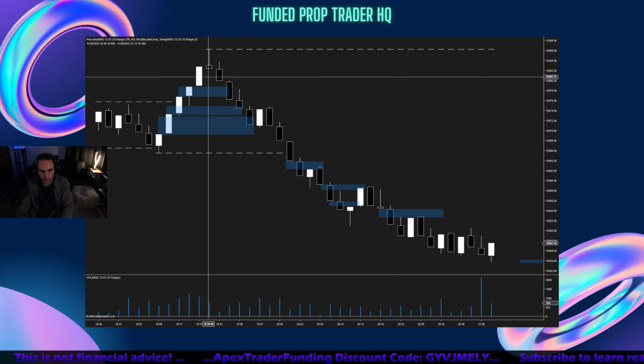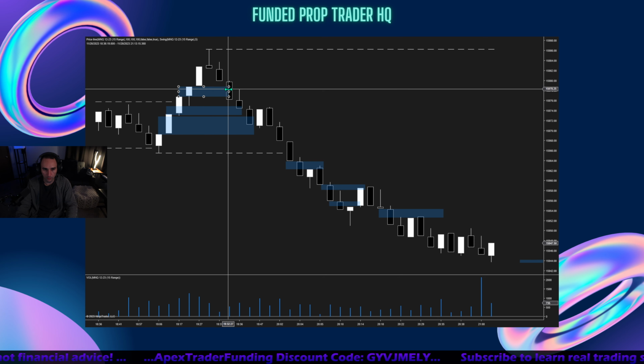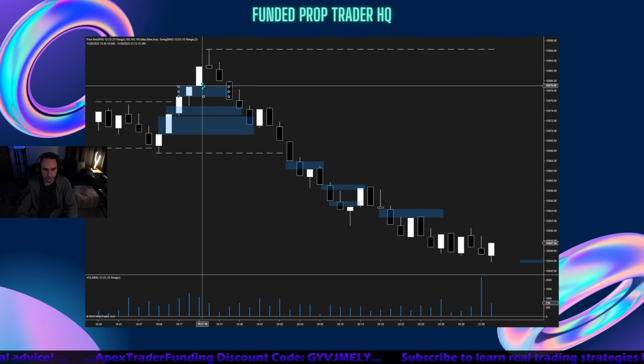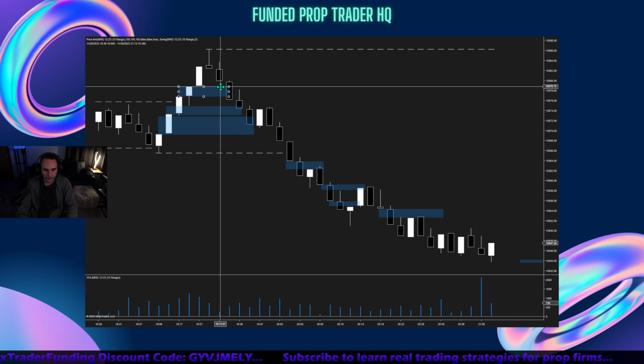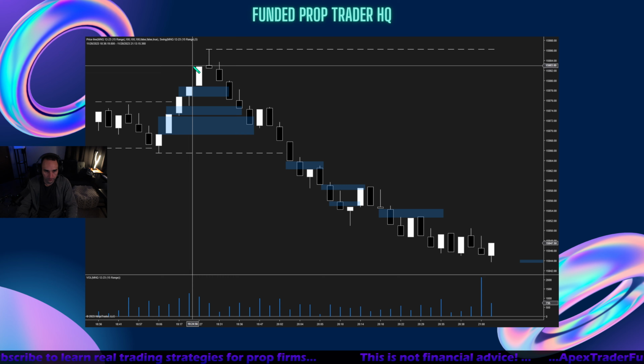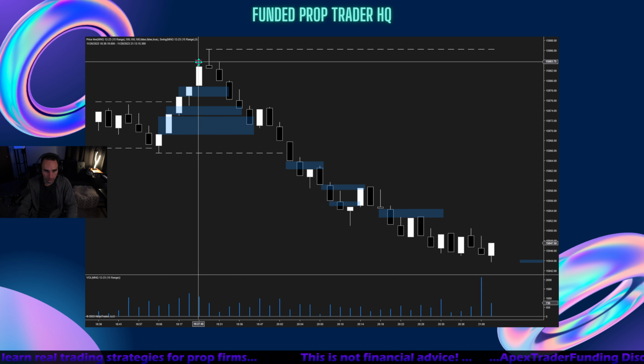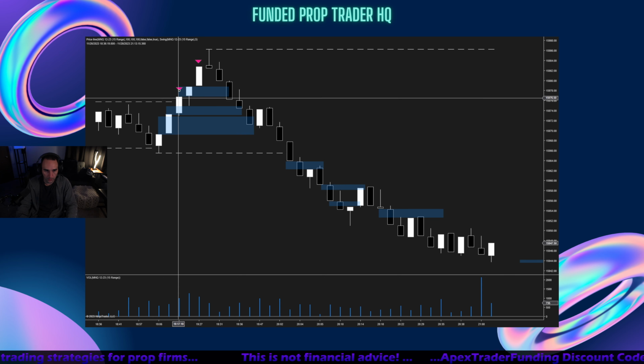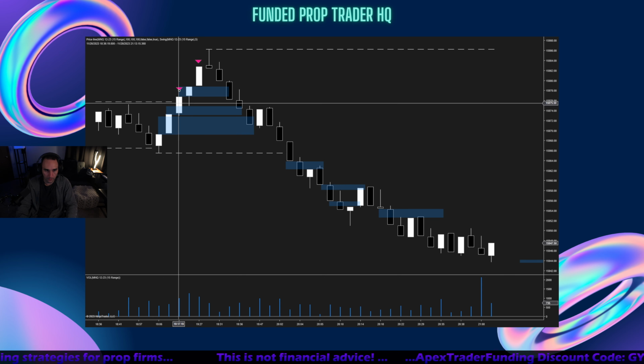So the first opportunity to enter a long position would be right here. You'd enter long there, and your stop goes below the first candle in that sequence that created the gap. If there's a gap between this bar and this bar, this one is the first in the sequence, so your stop would go one tick below that.